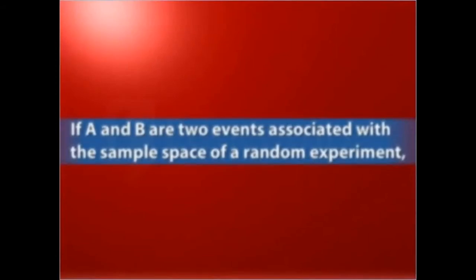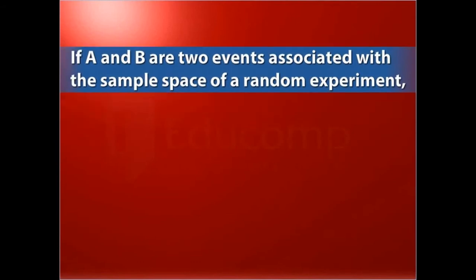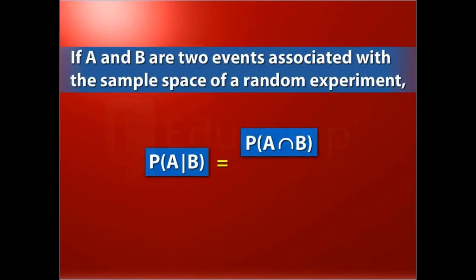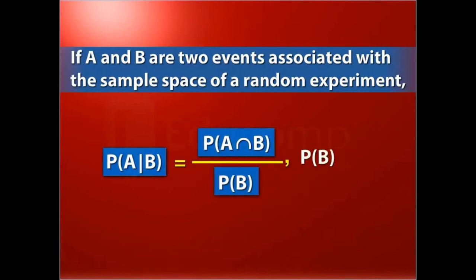Recall that if A and B are two events associated with the sample space of a random experiment, the conditional probability of event A, given that B has occurred, is probability of A and B upon probability of B, provided probability of B is not equal to 0.